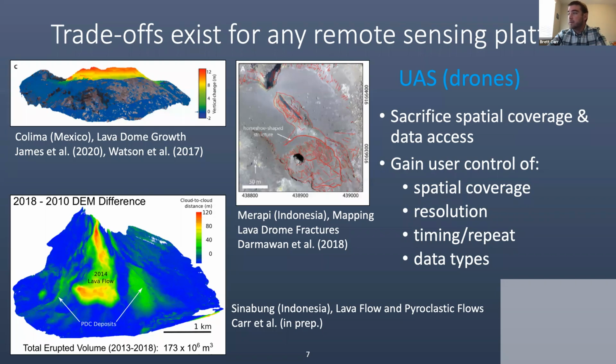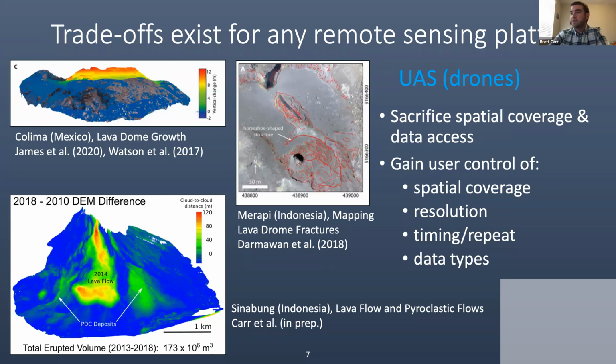Other people, for volcanic applications, are putting on gas sensors, devices that can sample plumes, and also geophysical equipment. So you get a lot of flexibility in terms of what type of data you collect using drones.